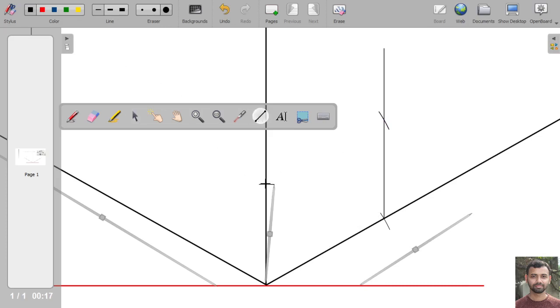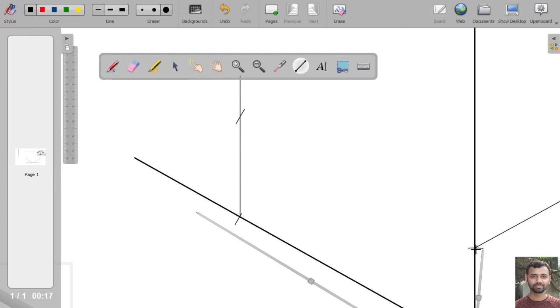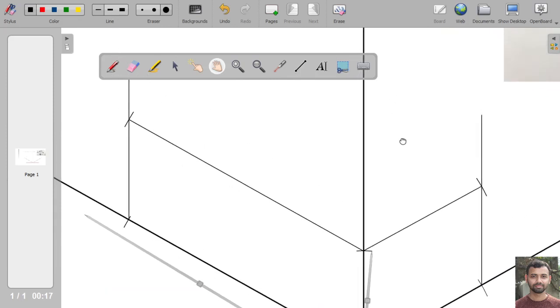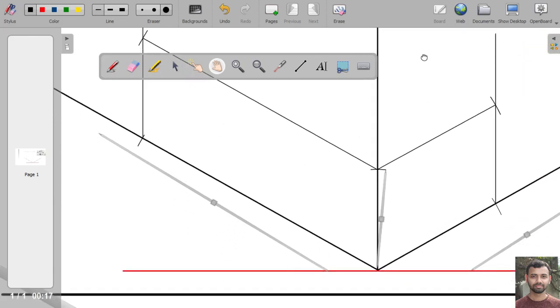If I draw this isometric line from this point to this point, and from this point to this point, okay, so we have drawn the isometric lines. Now, next, we have to draw the other isometric lines also. To draw the other isometric lines, we can take help of this compass.